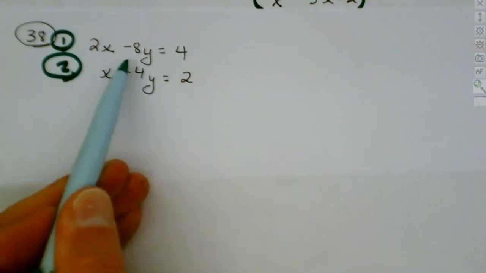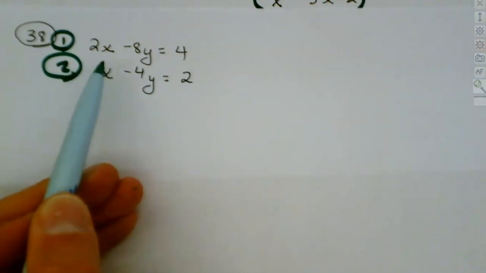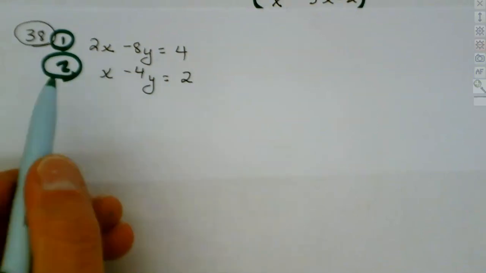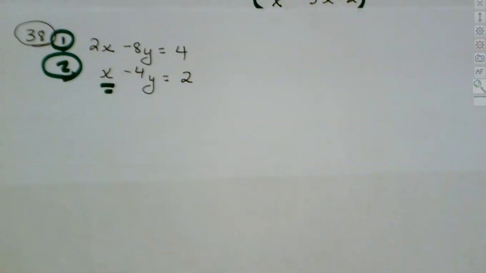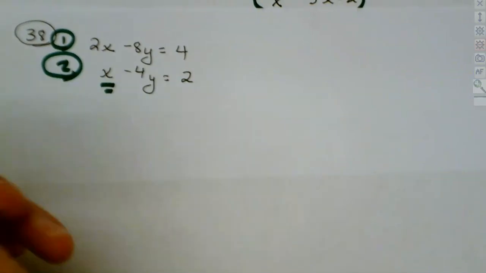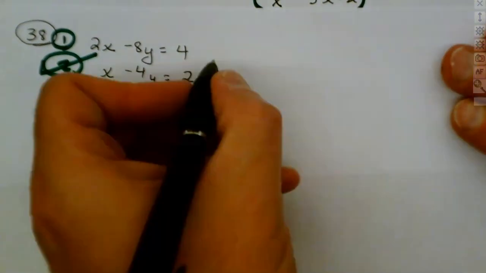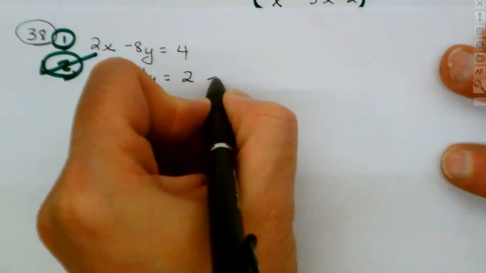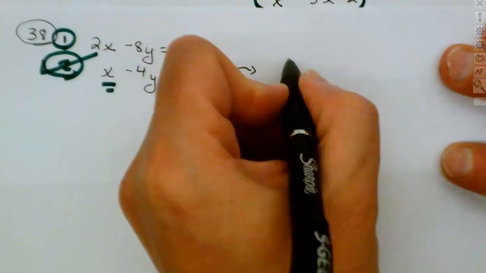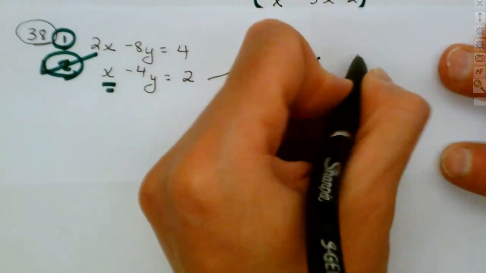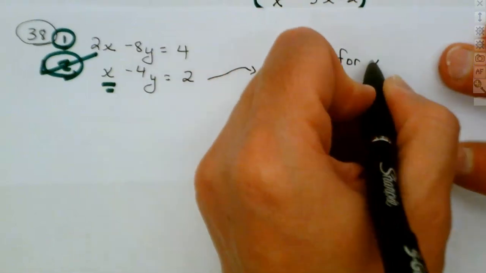If I look at this top equation, I'm going to have to divide. The second equation, though, I can solve for x very easily just by moving that 4y over. So that's what we're going to use. We're going to use that second equation and solve for the x.